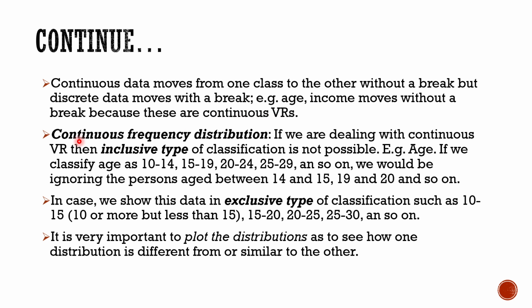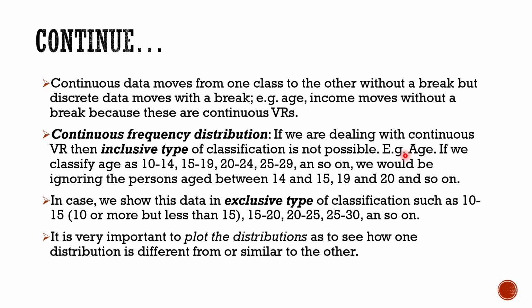These are continuous variables. So for continuous variables, we have continuous frequency distribution, and if we are dealing with a continuous variable, we should be having an exclusive type of classification. We cannot classify a continuous variable in an inclusive type of class. Why is this?